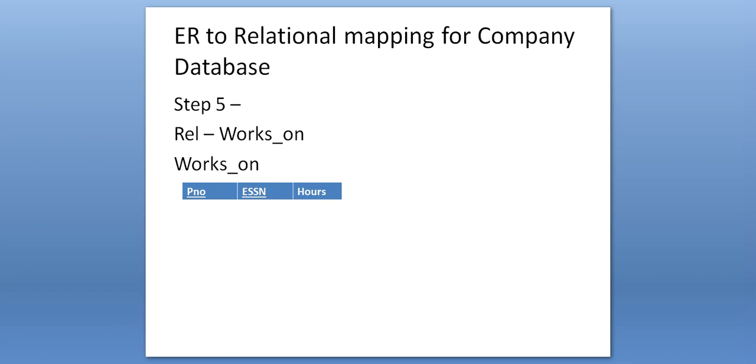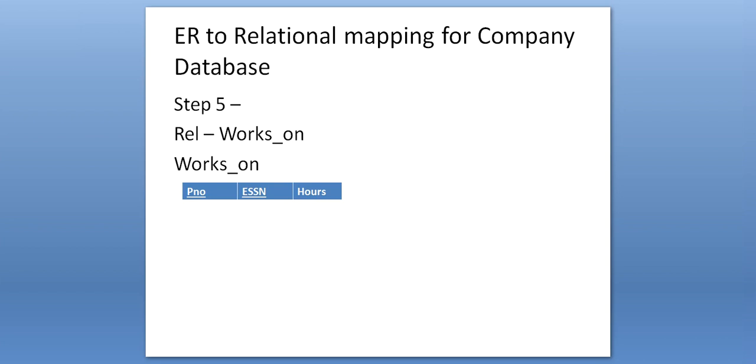For this, let us check the ER diagram again. From the ER diagram, we can see that there is only one m is to n relationship type, and that is works on. It is between employee and project.